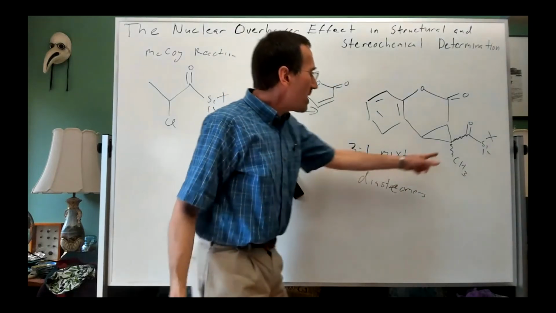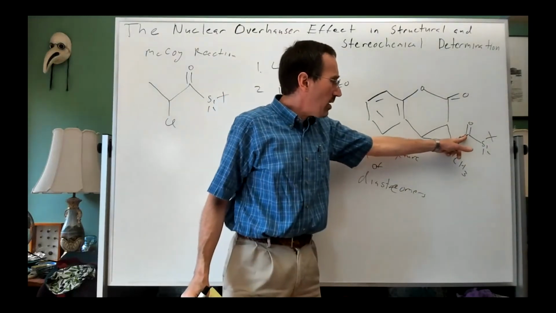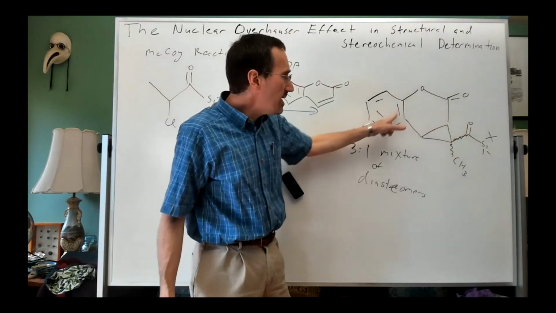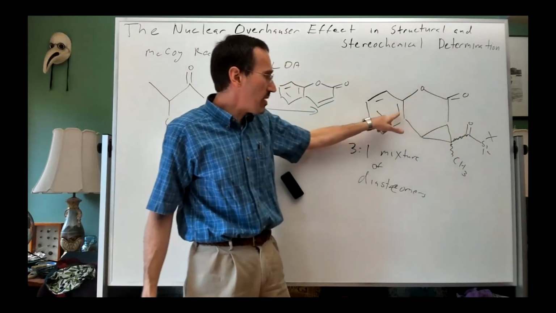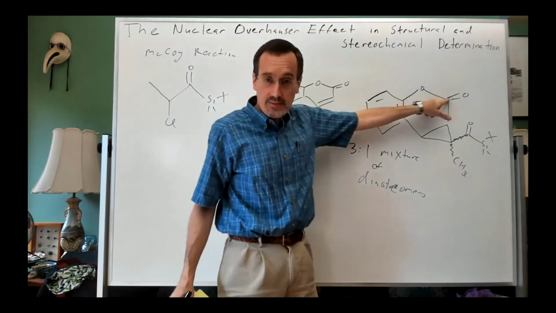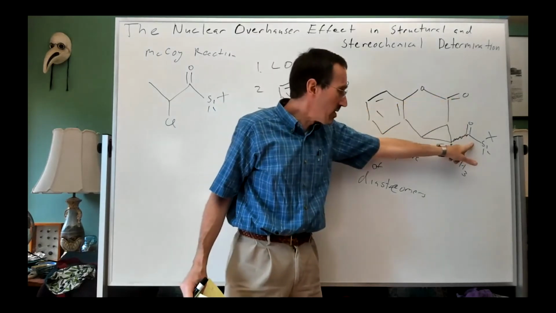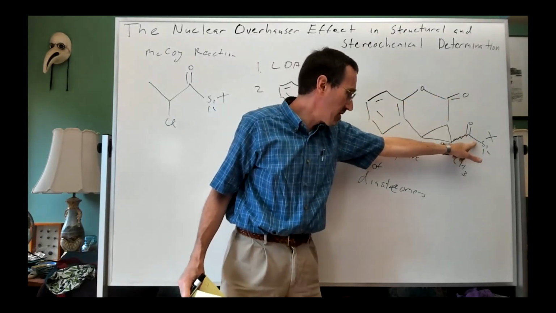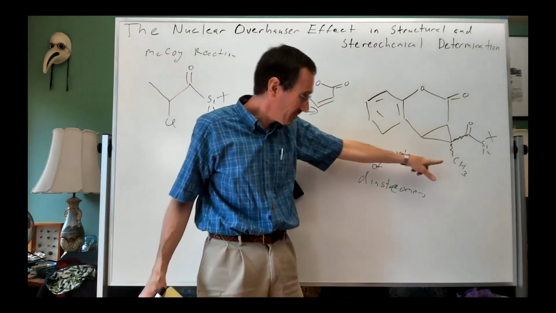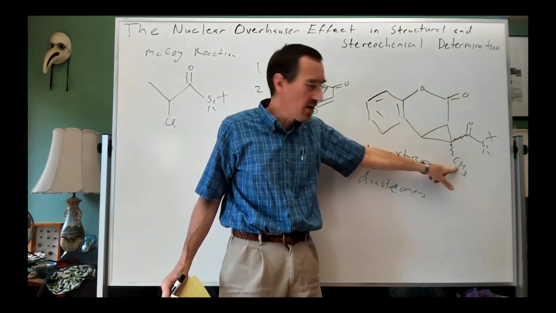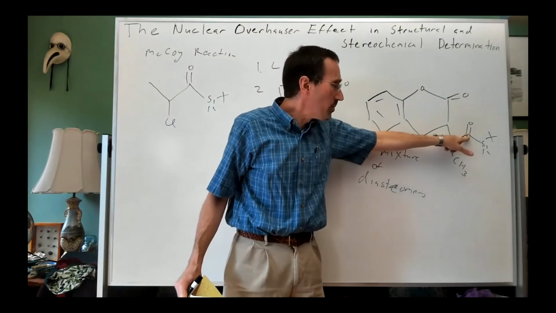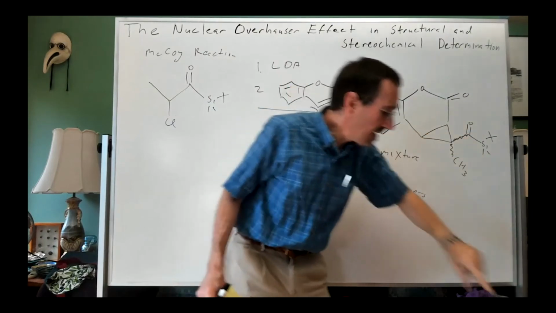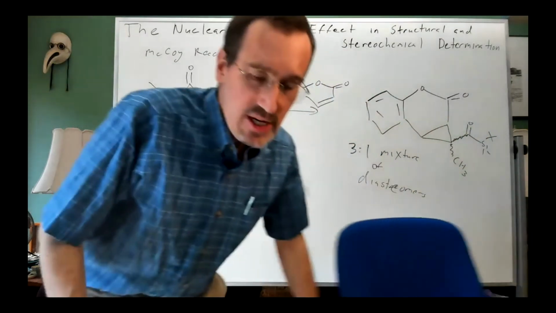So one diastereomer in which the carbonyl, where the silyl ketone, is on the same side of the cyclopropane ring as the aromatic ring, and one diastereomer in which the methyl group is on the same side. But which is which?